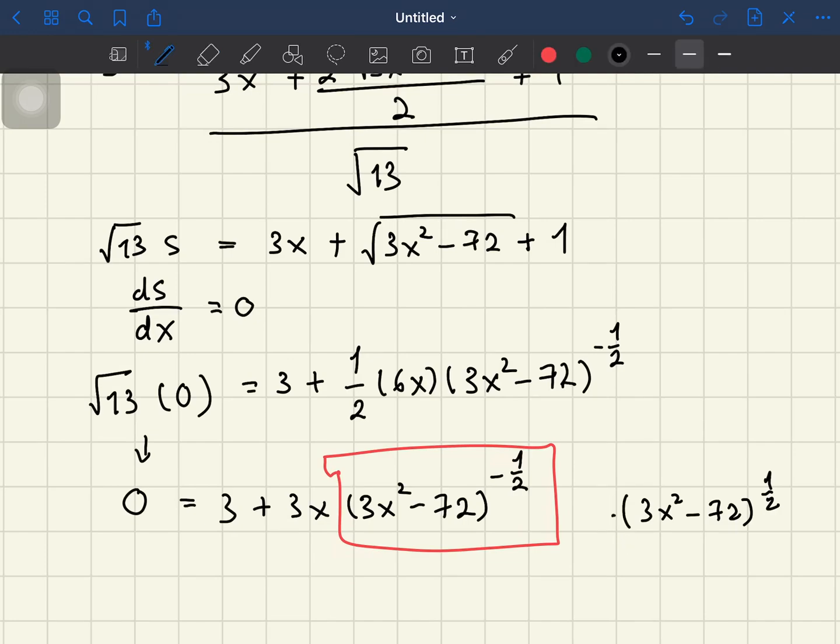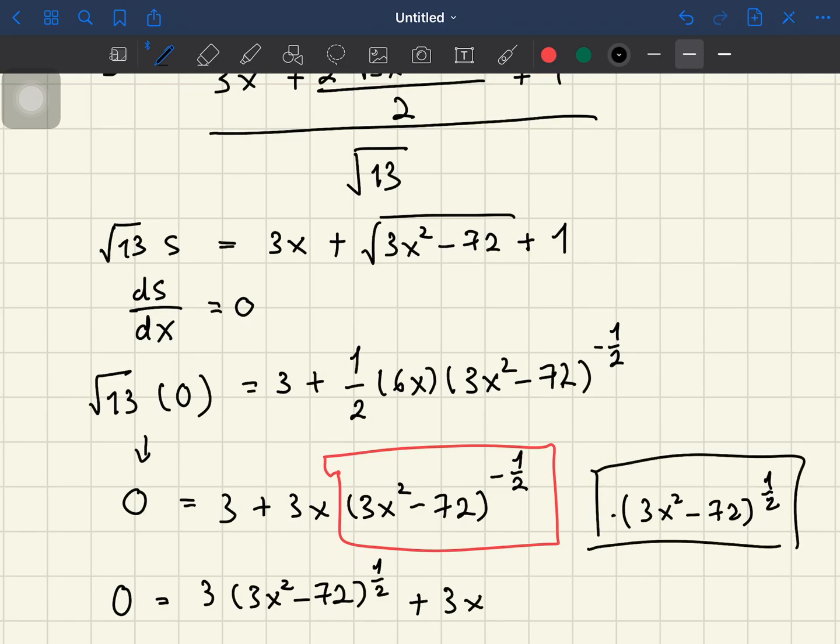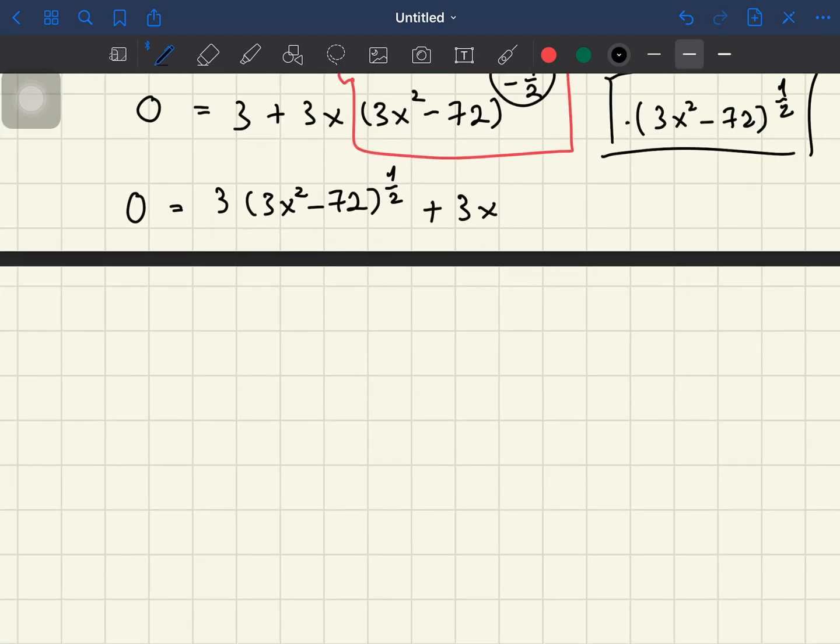Yep, just multiply on every side with this one, and you will also get 0 times 3 of this entire thing, 1 over 2, okay, because we multiply with this one, and then plus 3x because we have multiplied this expression with a negative radical, and because they have the same value, 1 over 2 minus 1 over 2 equals 0, and if your exponent is 0, then the entire thing must be equal to 1.